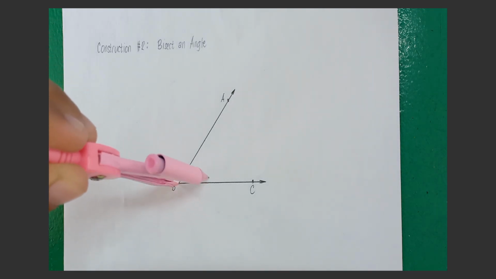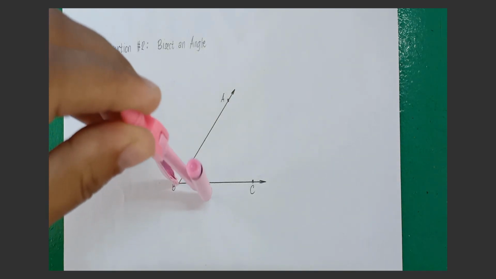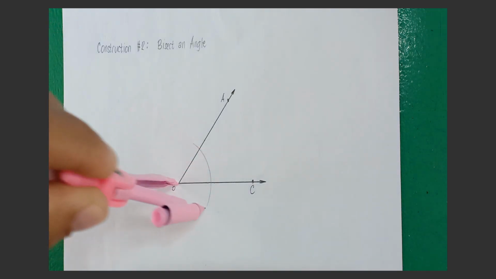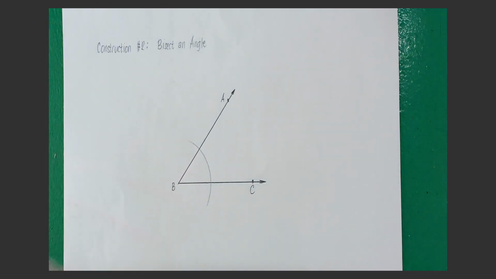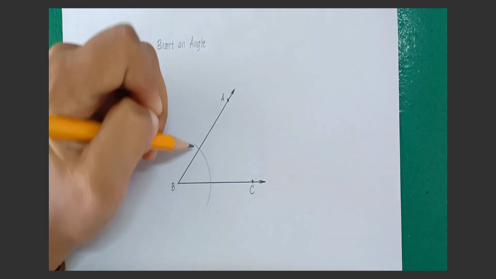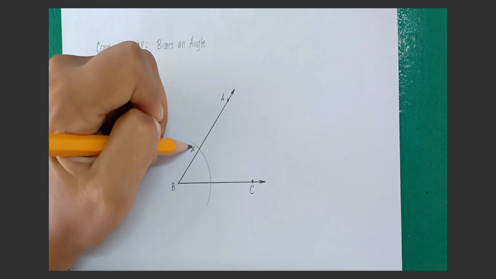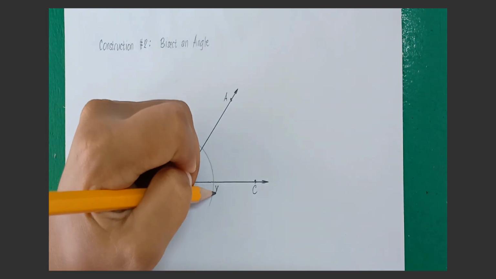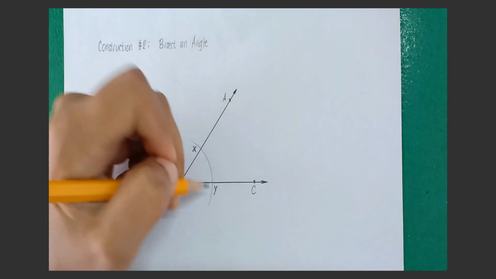Let's draw an arc that intersects both sides of the angle. Like that. Let's mark this one as X, the intersection there, and the other one on BC as Y.